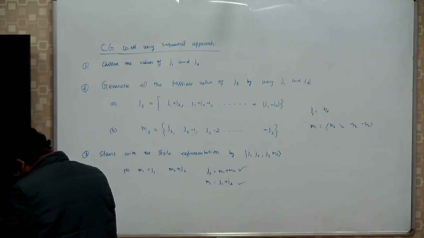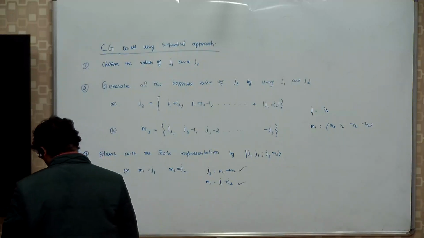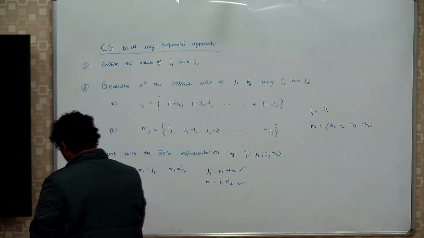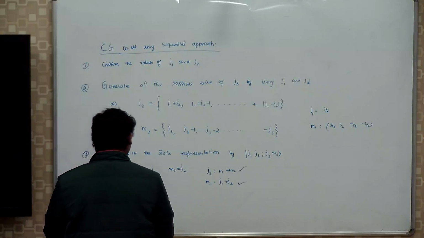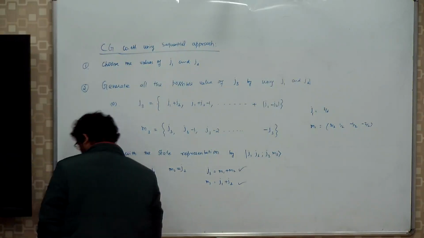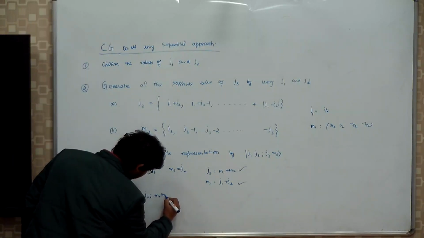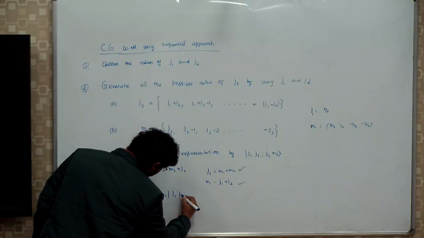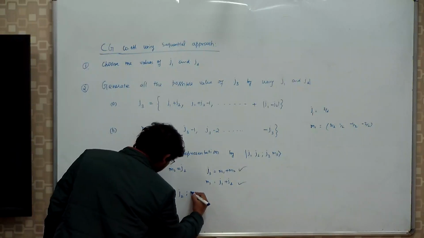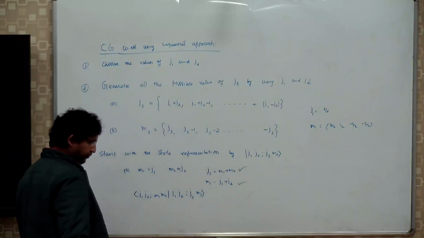And what is the coefficient? You find the CG coefficient, the inner product between the coupled and uncoupled state: j1 j2 m1 m2 with j1 j2 j3 m3. This is nothing but the CG coefficient.